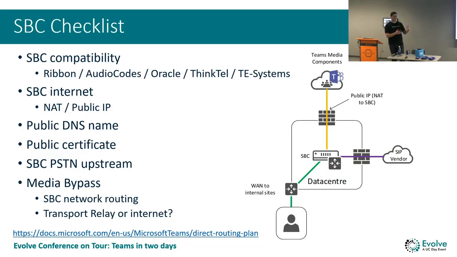Media processors are the bits that actually do things like transcoding if they need to. Haven't done it enough times, haven't seen enough quality information to know whether it's better to do it to the internet or transport relays. Because the Microsoft guideline is transport relays only, I would suggest if you're doing this, lock that public internet access down to just the transport relays and the media processors. You can then look at the quality, look at how it's going, and open that out to the internet if you want to.